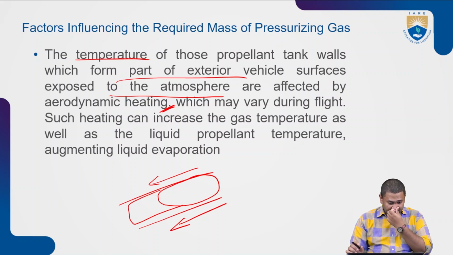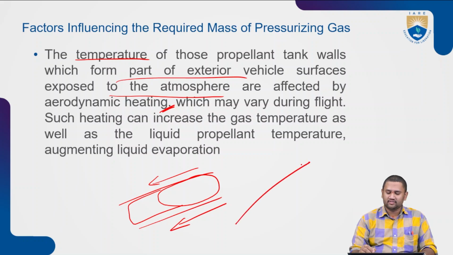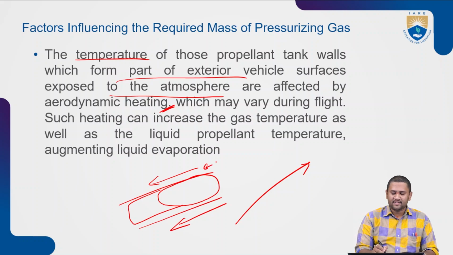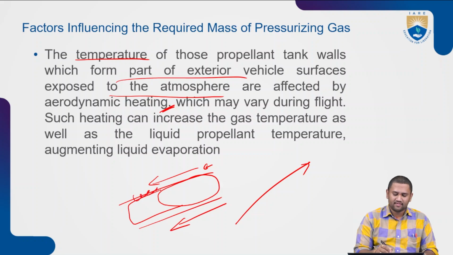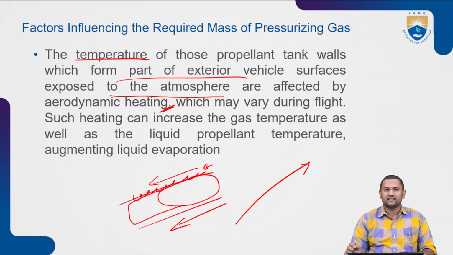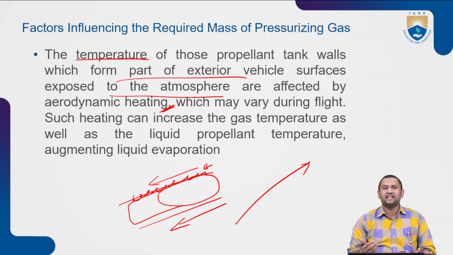So with that, what happens? As the rocket moves farther from the ground, it tends to heat up due to the surface friction of the air, and that heats up the surface of the rocket vehicle. Now, as the surface gets heated up, the tanks that are directly in contact with the surface also tend to heat up.